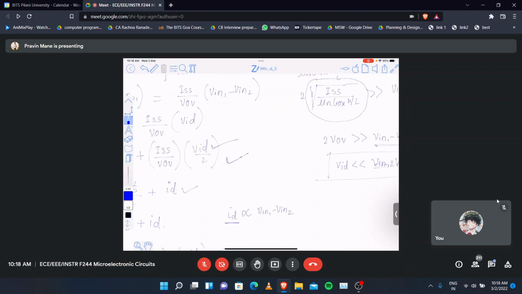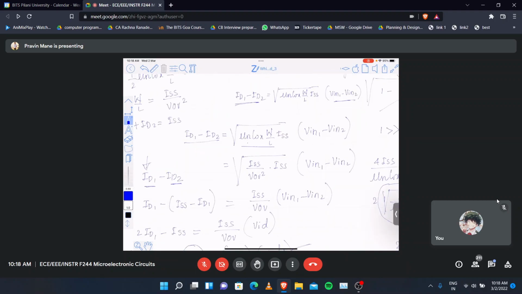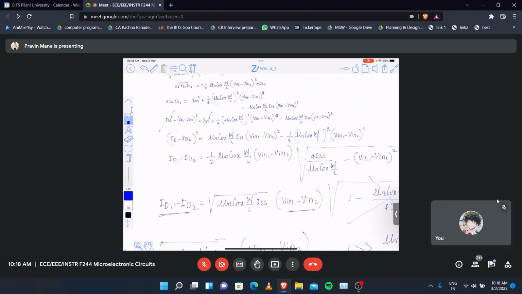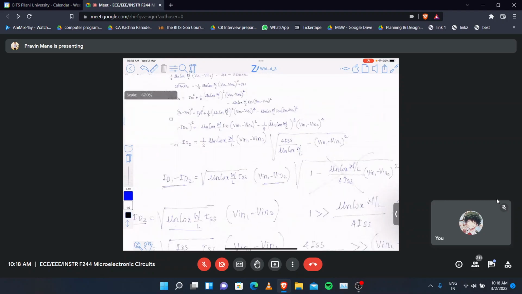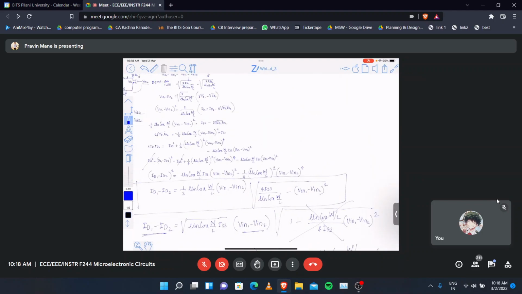Now before moving further, as an exercise, I want you people to find out capital GM from this expression, for a current. What is the capital GM value? What is the definition of capital GM?